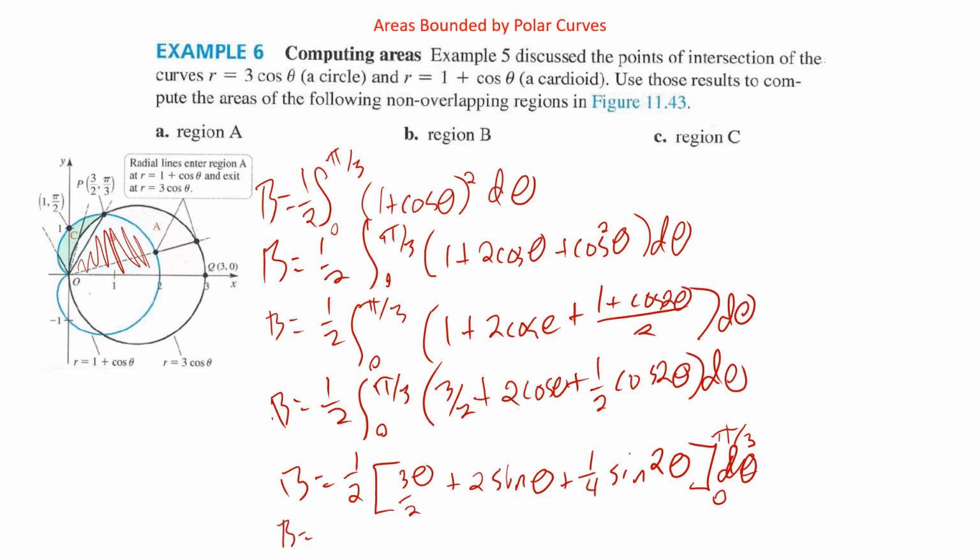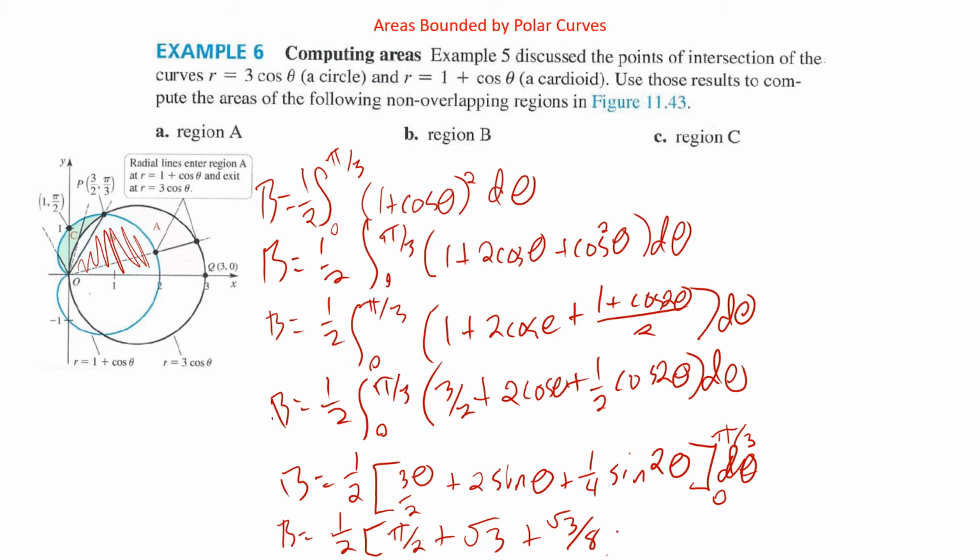So b will be 1/2 times: pi over 2 plus sine of pi over 3 was root 3 over 2 times 2, so that's a root 3, plus 1/4 times sine of 2 pi over 3, which is again root 3 over 2, but instead of times 2 we're dividing by 4, so it'll be plus root 3 over 8.